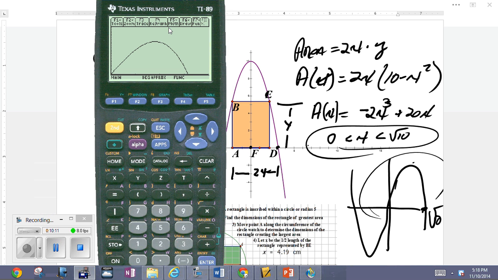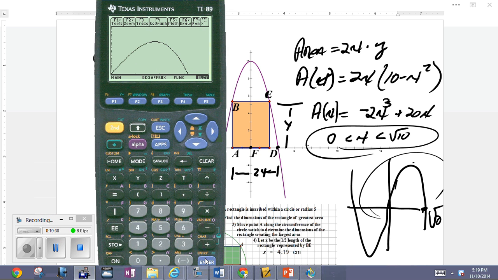So let's see. I'm going to go to F5. I'm going to go to the maximum right there. I'm going to have to skirt a little bit to the left over here. Enter that. Then I'm going to have to skirt a little bit to the right. Come over here. Enter there.